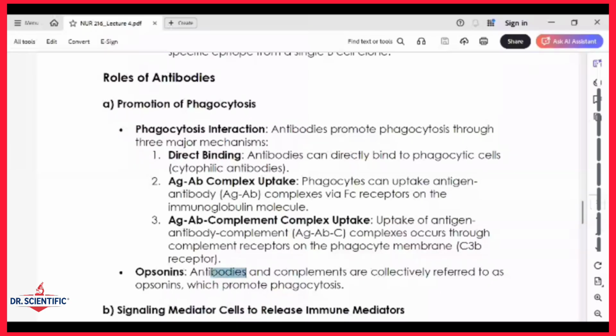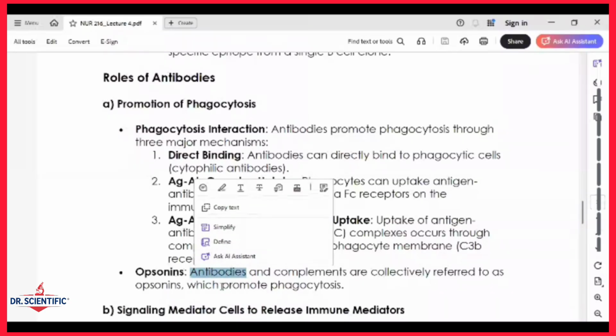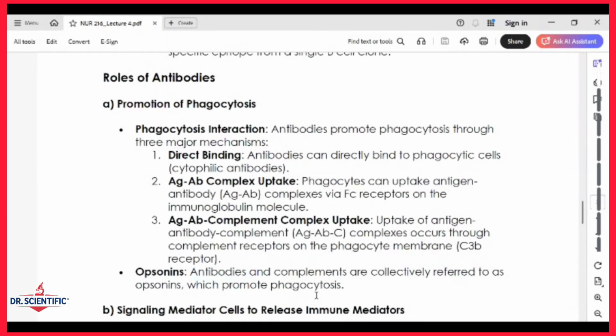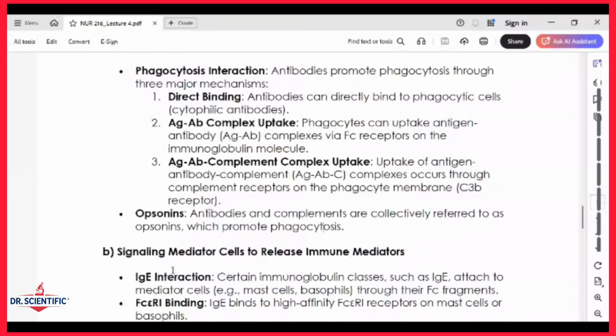Antibodies are able to coat cells that are supposed to be phagocytosed. So antibodies play a very key role, either directly by coating the cells that are supposed to be phagocytosed or by forming complexes, and this complex could be antigen-antibody complex or antigen, antibody and complement complex. In other words, they are just being opsonins in one way or another.